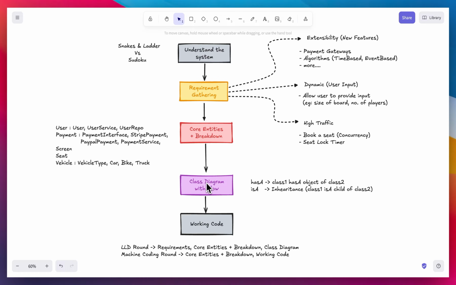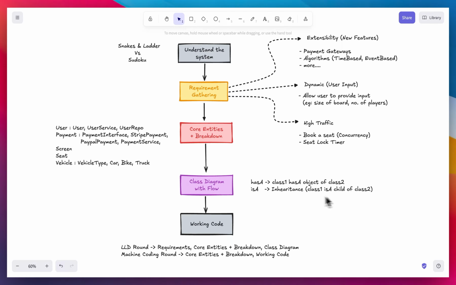But in the LLD videos that I'm going to make, I will be explaining you the flow through the class diagram. Okay. And in the class diagram, I would be basically using these two kinds of relationships. Is-a relationship is between class 1 and class 2 when class 1 is a child of class 2.